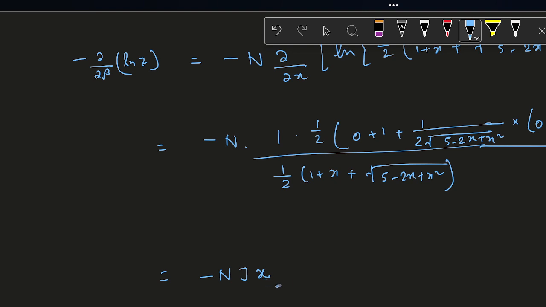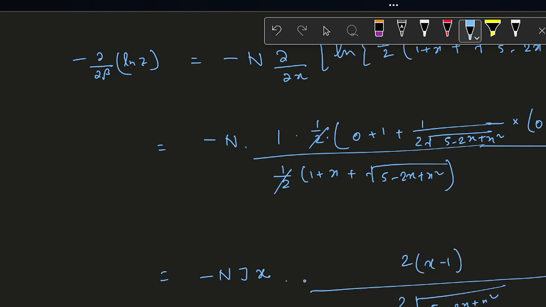So this is x into this half, and this half cancels out. So you are left with, sorry, this 2 root over 5 minus 2x plus x squared has a 2 times x minus 1 in the front, right?